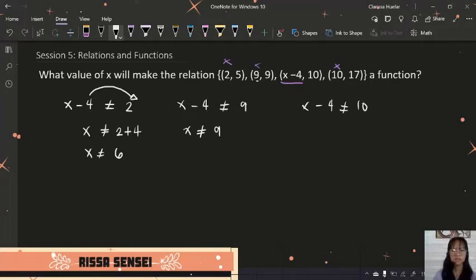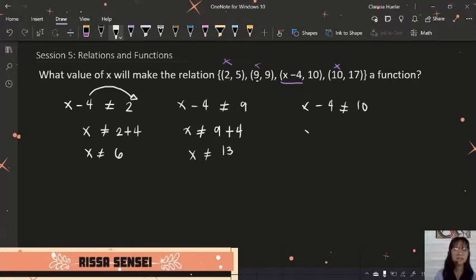Hindi dapat siya mag-equal sa 13, because 13 minus 4 will give us 9. So kapag nag-9 na to parehas, 9 tapos 10. So this is a one-to-many correspondence and we know that one-to-many correspondence is not a function.